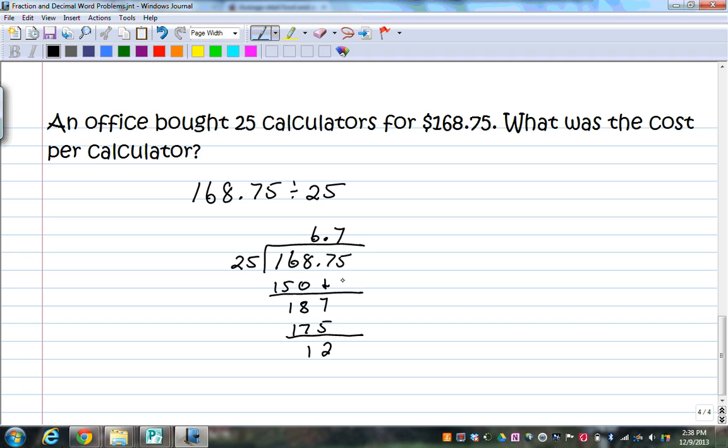Subtract. Bring this one straight down. 25 goes into 125 5 times. And we are done. So the cost per calculator was $6.75. Okay? That is all.